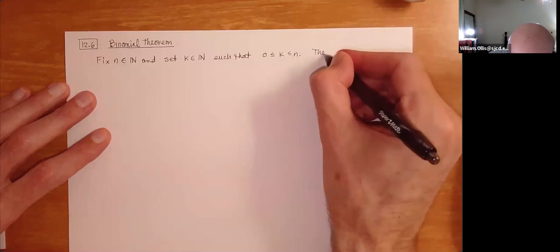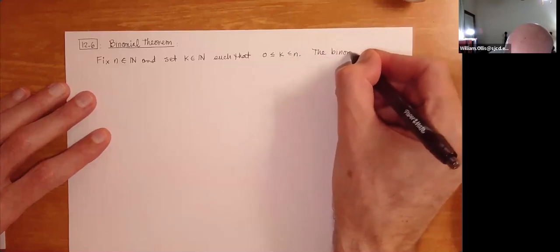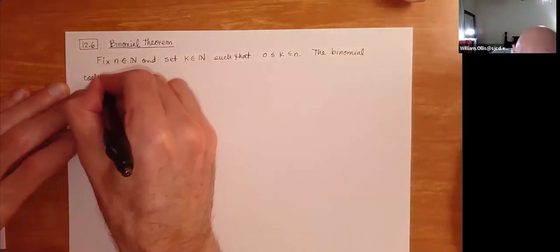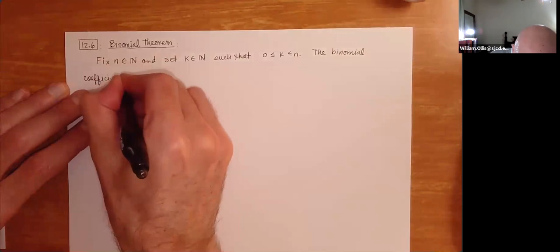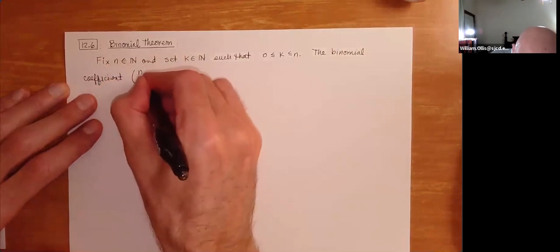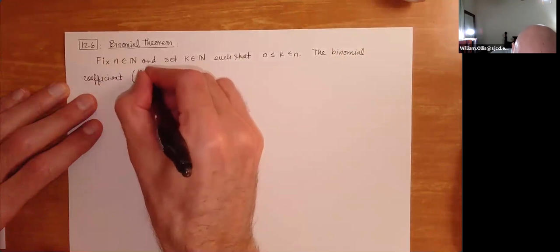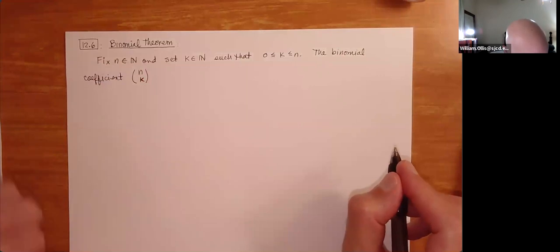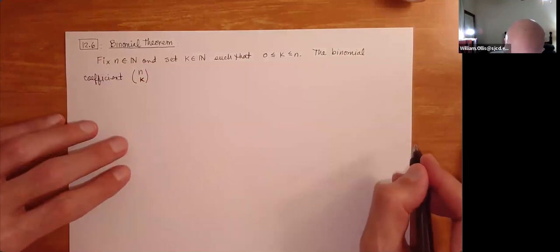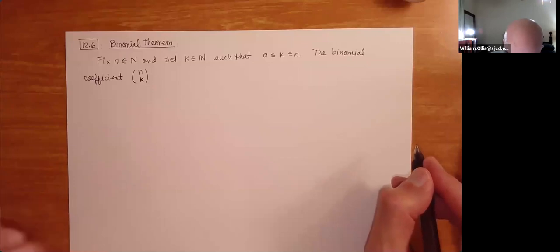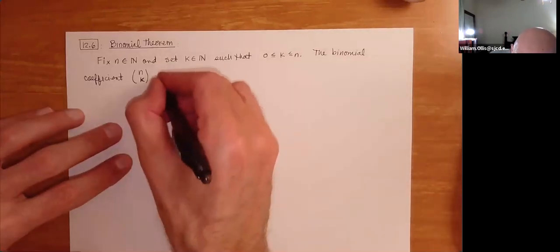And then the binomial coefficient, and here's the notation we use, n choose k. And when you get to calculus, these numbers will be flipped because of just convention. So sorry for that. It just really depends on how things are set up. The binomial coefficient n choose k is defined as the following.